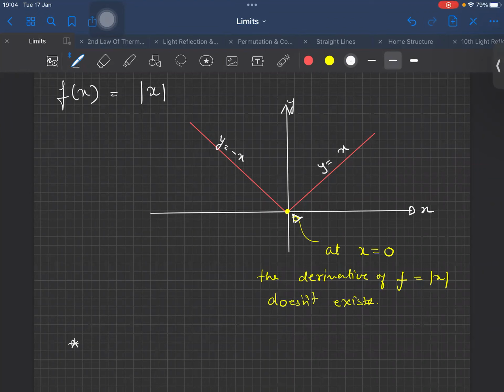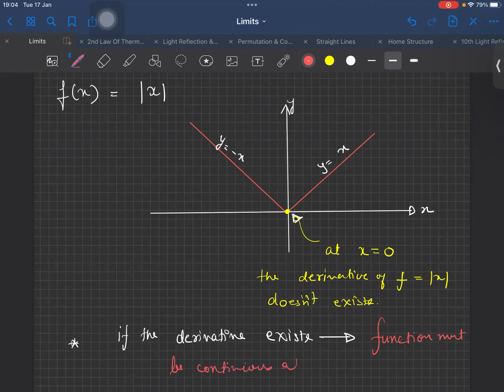So if the derivative exists, the function must be continuous at that point. Understood? The function must be continuous at that point.